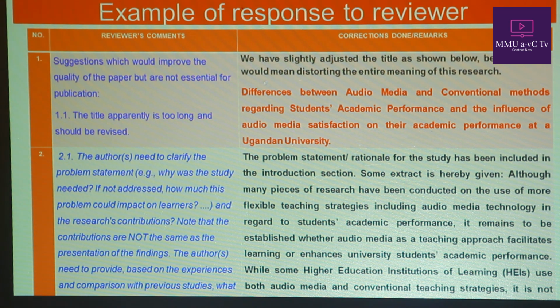As you can see, here I'm just giving you an example. You have one column with the reviewer's comments, and a second column about corrections done or remarks. So you can prepare a table in this very simple format with just two columns: the reviewer's comments, and the corrections done or remarks.